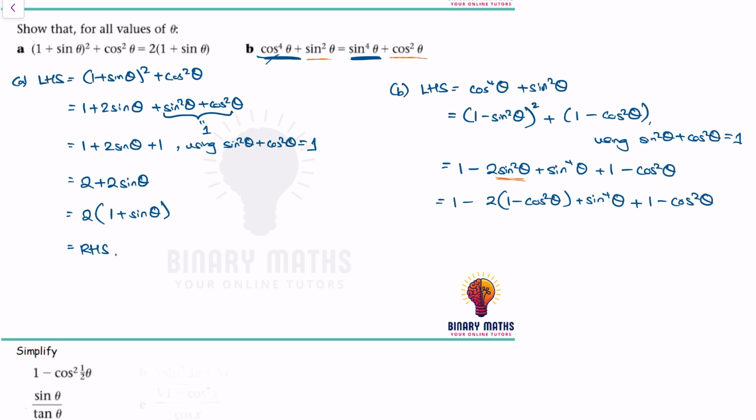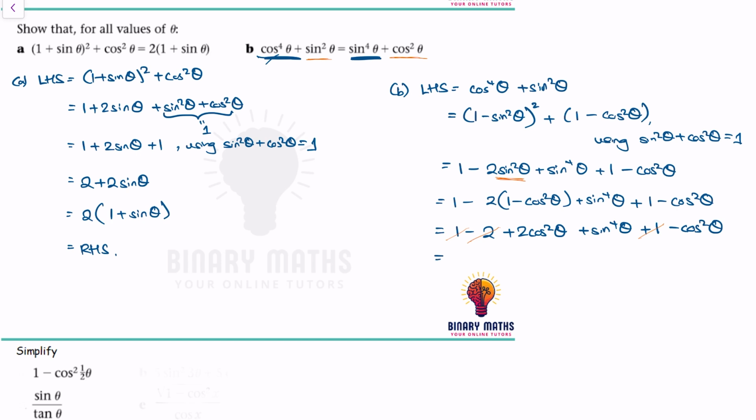Again, using the same identity, so I'm going to write it down. Okay, now if I expand the bracket, I get 1 minus 2 plus 2 cos squared theta plus sine to the power of 4 theta plus 1 minus cos squared theta. So if I look at that, the 1 plus 1 take away 2 cancel out to 0.